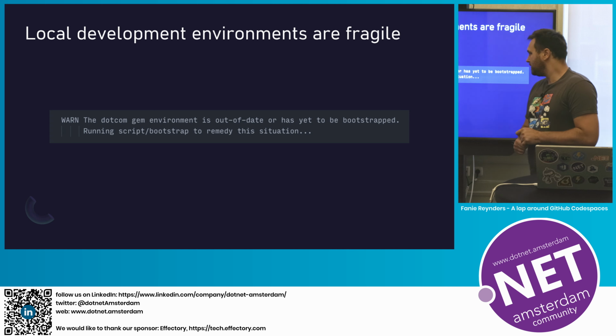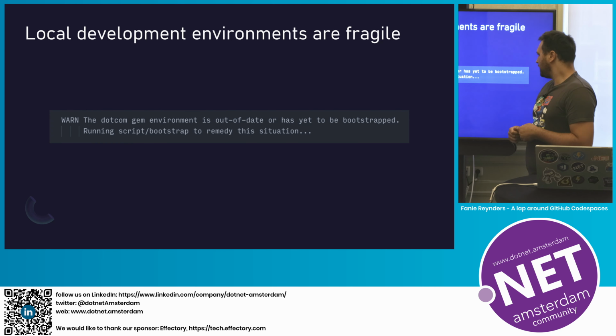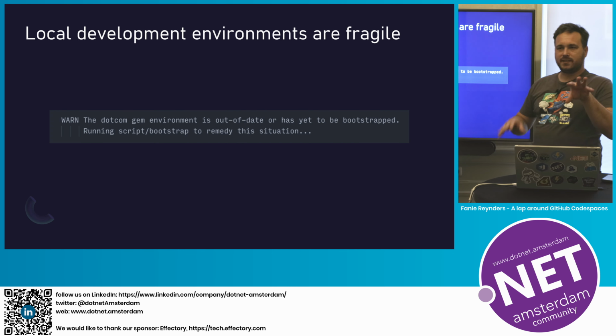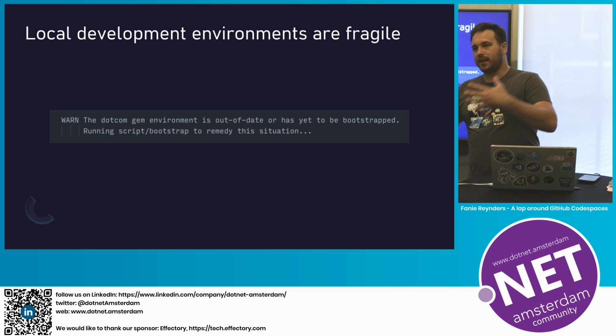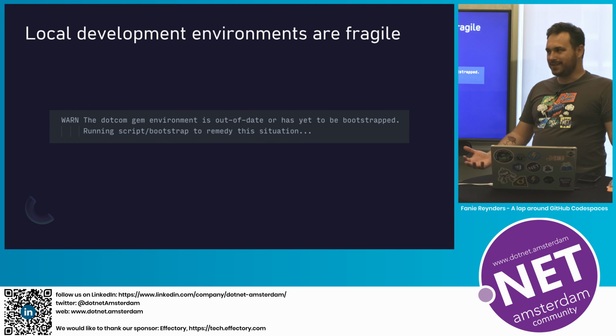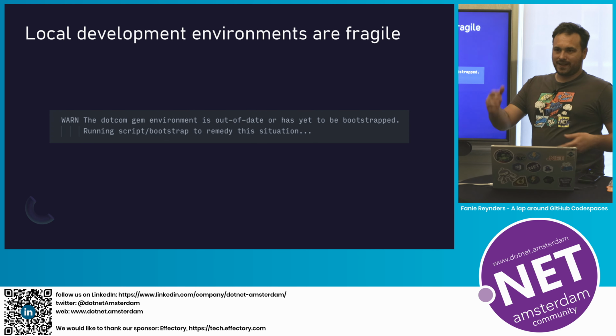Sometimes this happens. Then the .com gem environment's out of date. It has to be bootstrapped. Now I have to do this and that and this and that, to fix other things. And then don't get me started on versioning trees and those kind of things. Sometimes versions are not compatible with other versions, and then it's a mess.